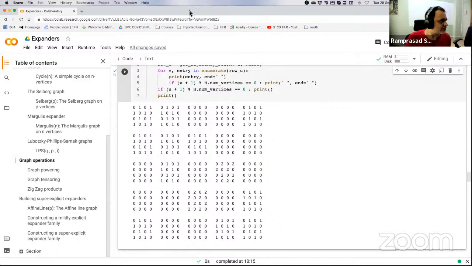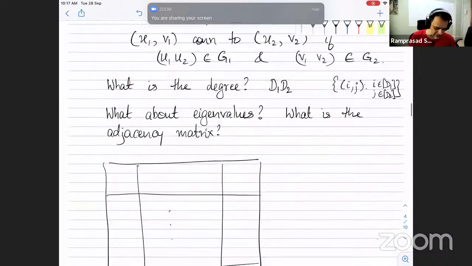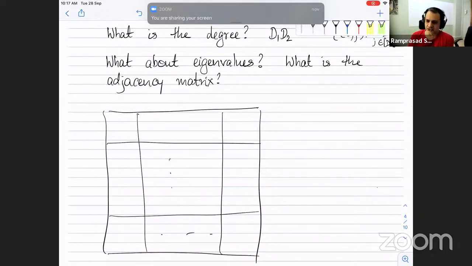So now let me stop sharing screen and go back here. Okay, let's look at what the adjacency matrix looks like.